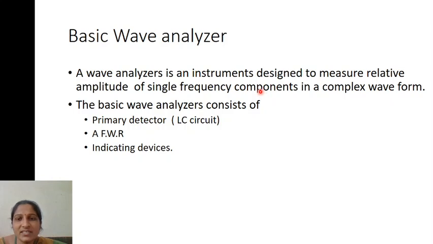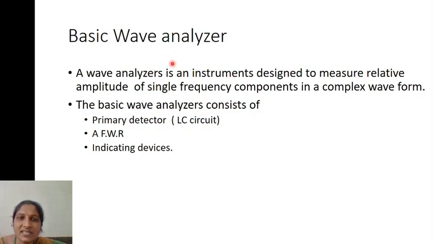Any wave has different components like first order harmonic, second order harmonic, third order harmonic, different harmonics will be there. If you want to measure any one particular amplitude at a single frequency, then this wave analyzer is used.